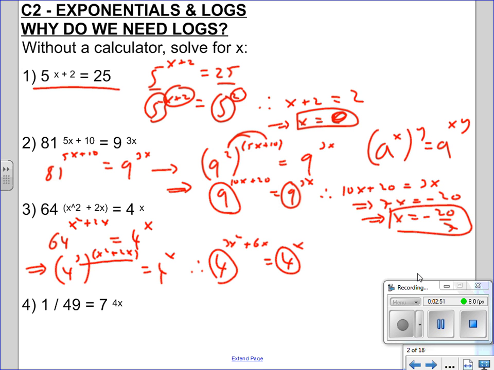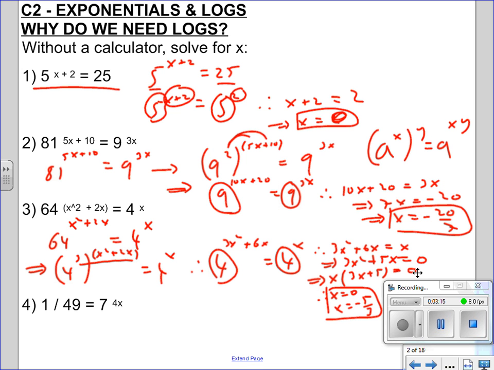Bases are the same, so therefore powers are the same. So 3x squared plus 6x must equal x. Therefore 3x squared plus 5x must be 0. We can't just divide by x, we have to factorize. So x times 3x plus 5 is 0. So we're saying x equals 0 or x equals minus 5 over 3. There we go, there's your 2 solutions.